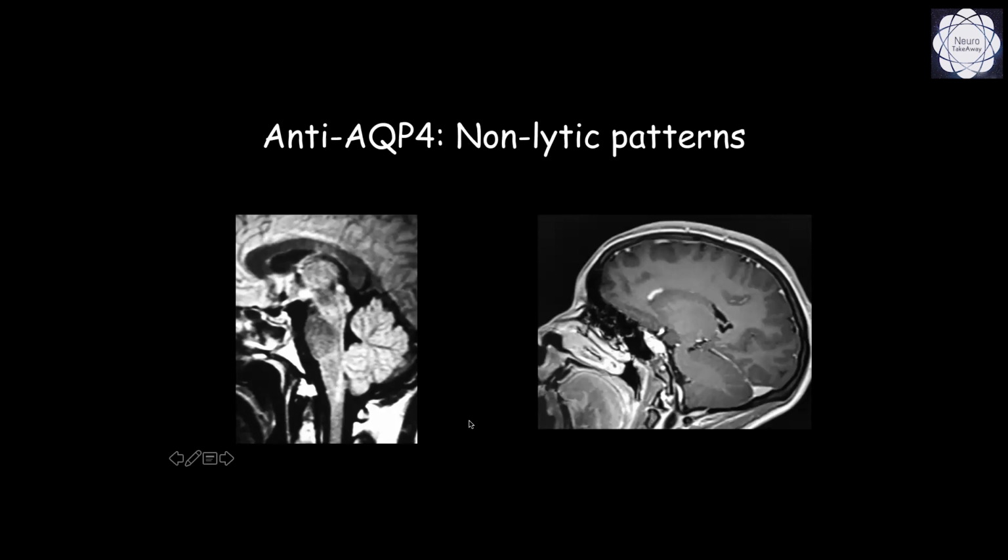You can have a patient with hiccups or vomiting for a while, maybe 1 month, but after that, the patient does well, and there is sometimes complete resolution of these lesions.